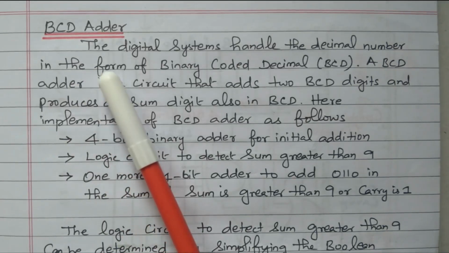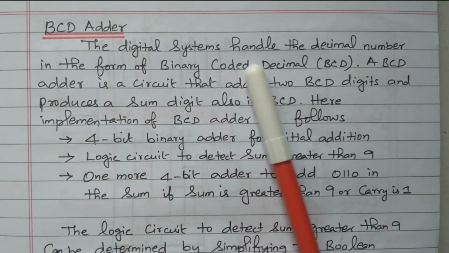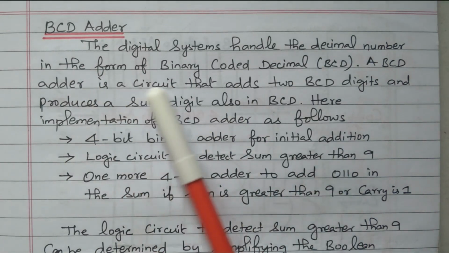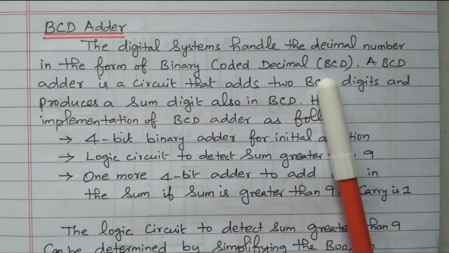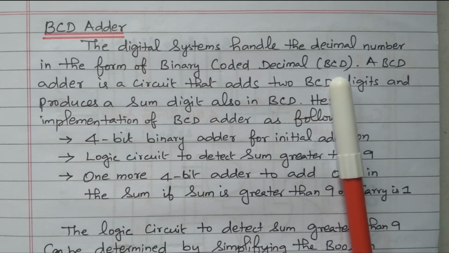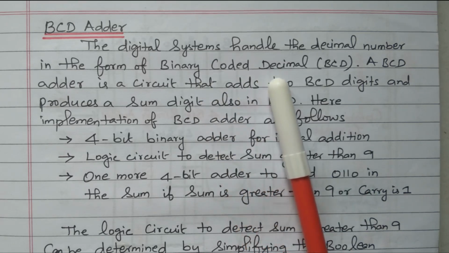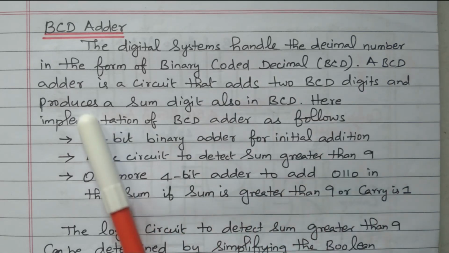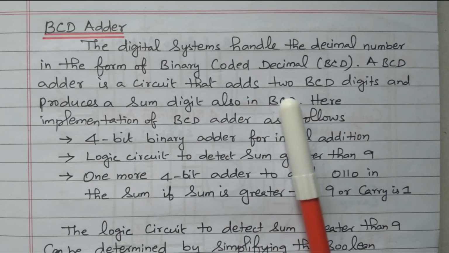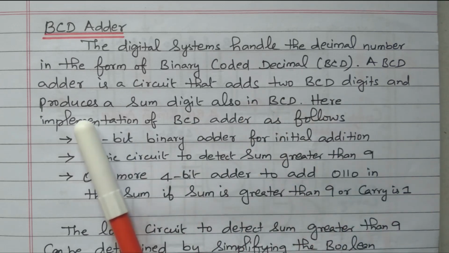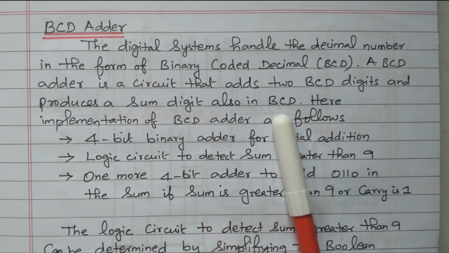The BCD adder. The digital system handles the decimal number in the form of binary coded decimal, BCD, that is 4 digits. Each decimal number is represented by 4 digits, that is called a BCD, binary coded decimal. A BCD adder is a circuit that adds 2 BCD digits and produces the sum digit also as a BCD.